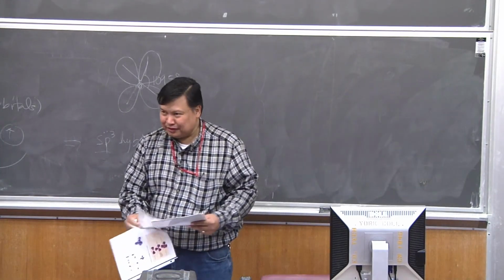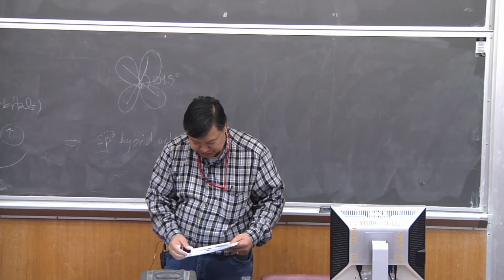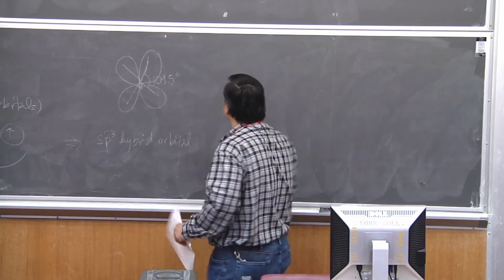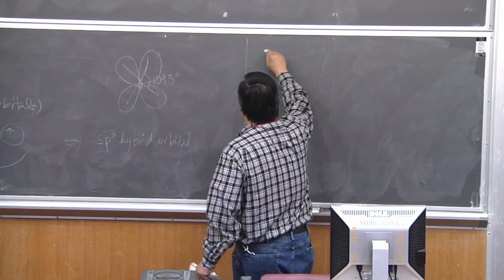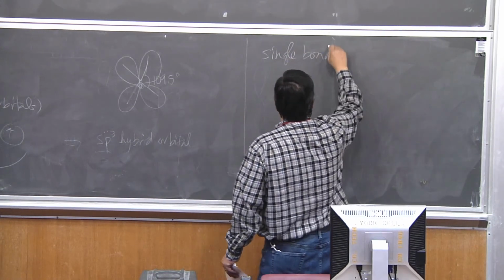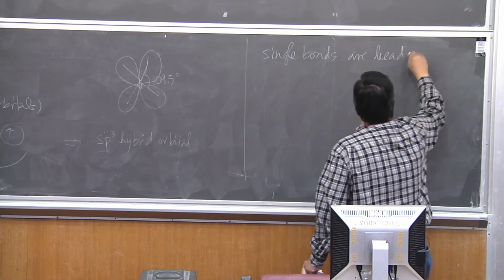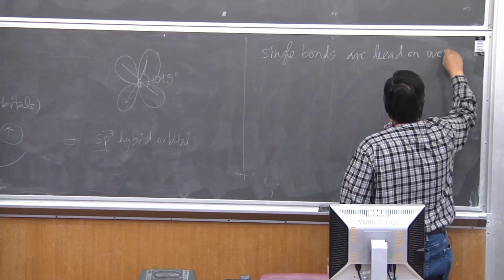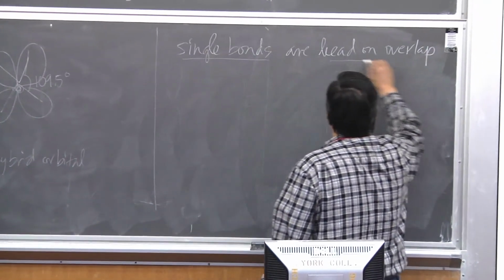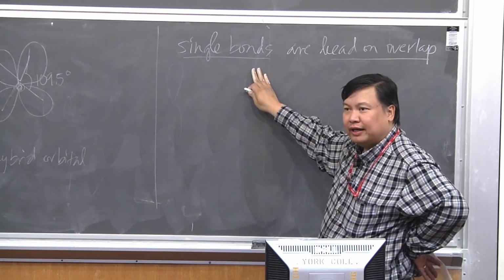What if I have a double bond? So far I've shown you what a single bond looks like. So single bonds are head-on overlapped.